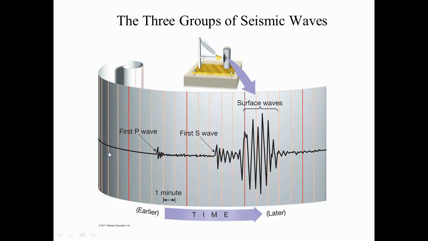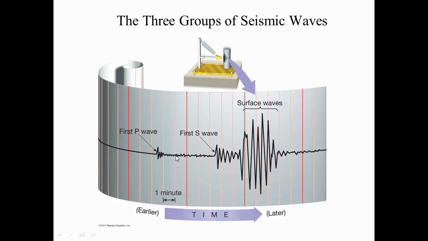And so here to the left we see the first P wave arriving, and then further towards the right we see the first S wave, and then finally later on the surface waves will be recorded at this particular station. The actual timing of arrivals depends on where the seismograph station is located and its distance from the hypocenter.